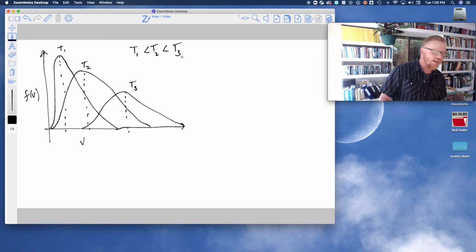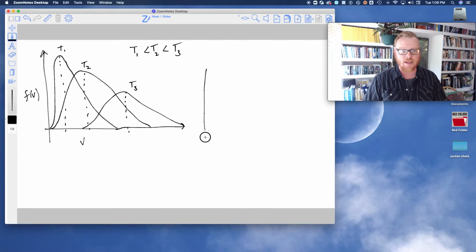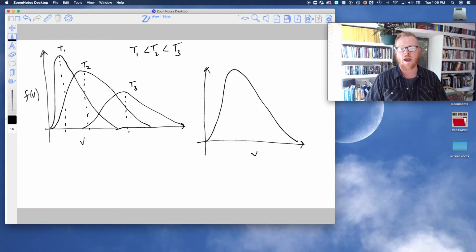And the last thing that I want to talk about here is some calculus analysis on these distributions. I'll draw one representative distribution here. As I said, it's not quite a Gaussian. It's weighted towards the heavier side.